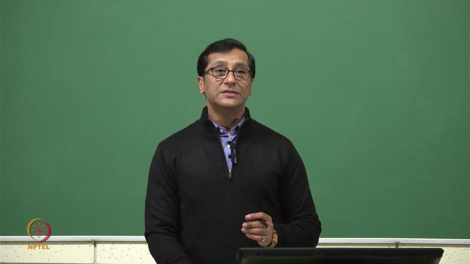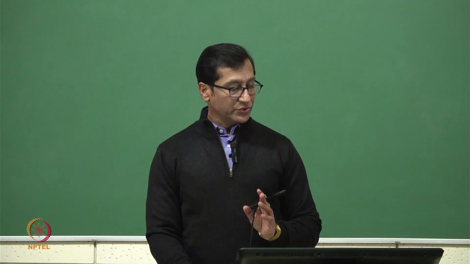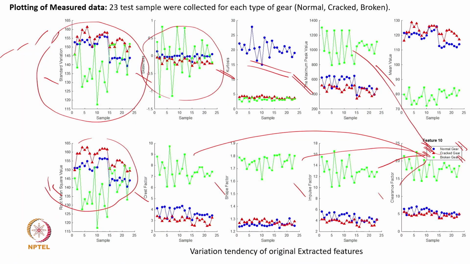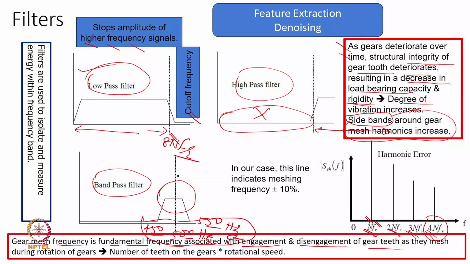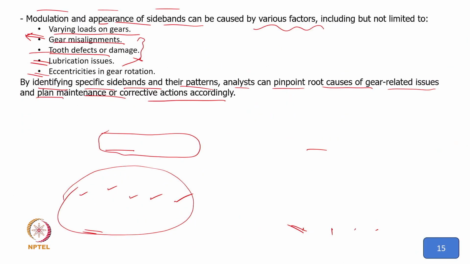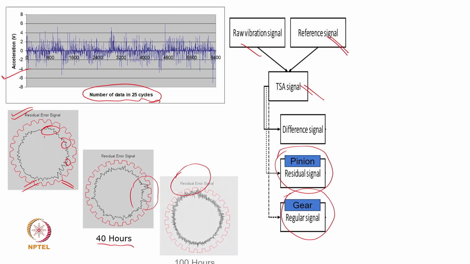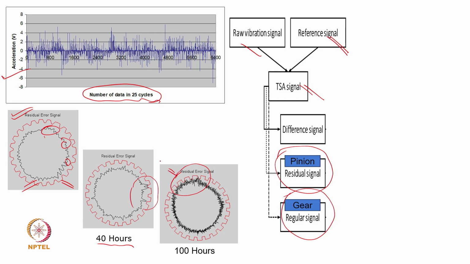Now this clearance is also important. I showed in the previous slide the clearance response. You can see there is a clearance factor also. So if we know the gear teeth meshing has more clearance, that also is a response, and that's why I'm showing here that it is getting shifted.